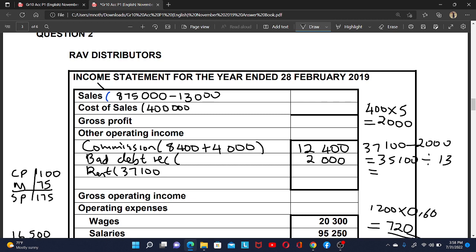The answer is 2,700 before the increment. So when we add the increment, it's going to be 3,100. So we need to go and subtract this 3,100 because it is a rent, it is a receipt in advance.